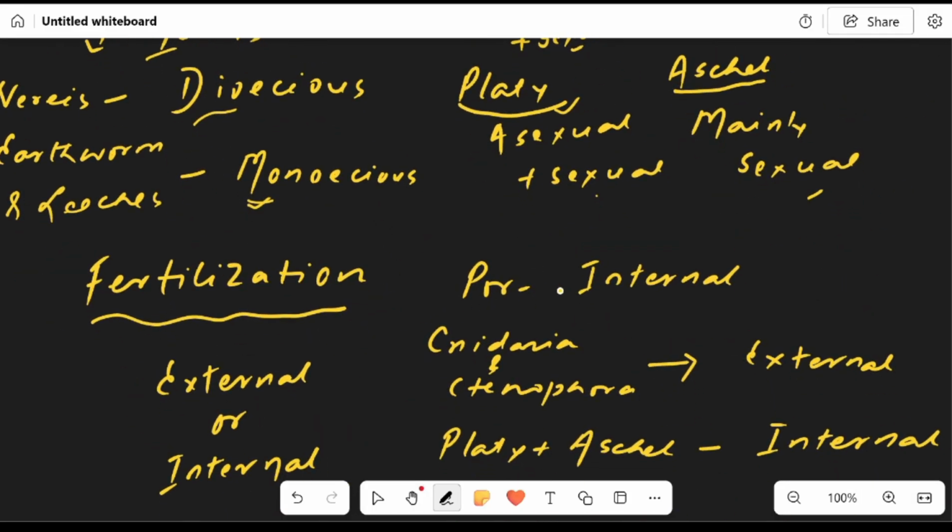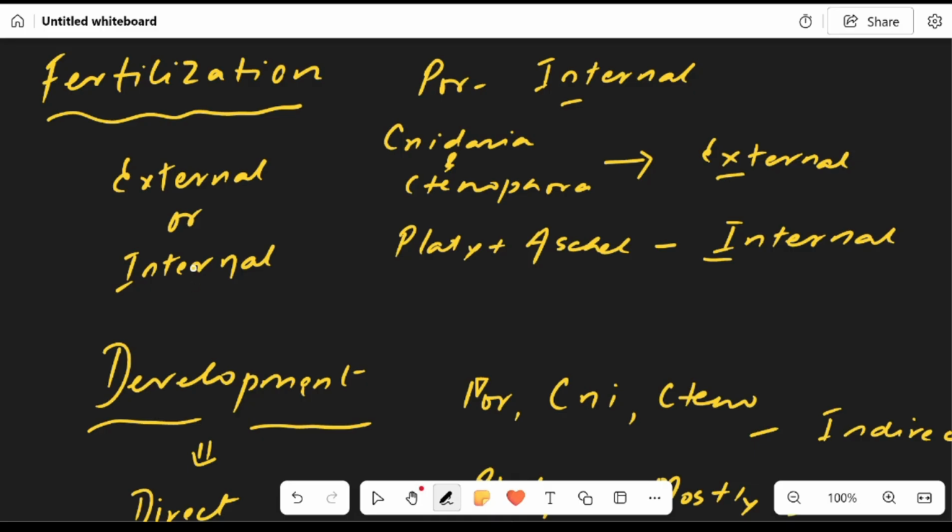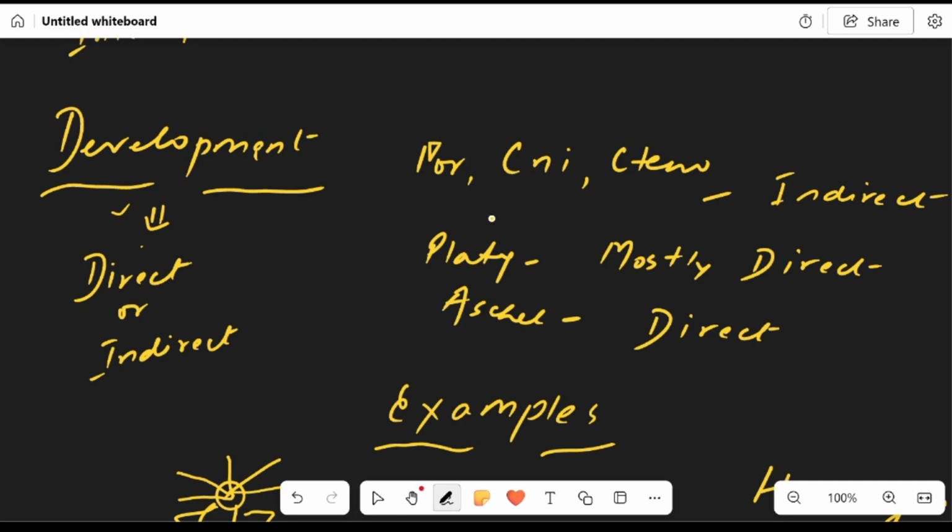Fertilization in Porifera was internal, Cnidaria and Ctenophora external, Platyhelminthes and Aschelminthes internal, and in annelids it's either external or internal. Development in Porifera, Cnidaria and Ctenophora was indirect, Platyhelminthes mostly direct, Aschelminthes direct, and here in annelids we have either direct or indirect.